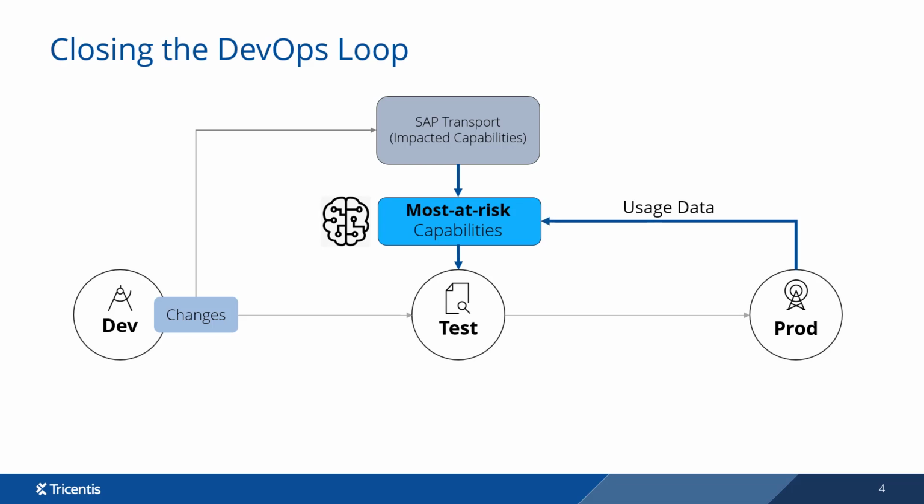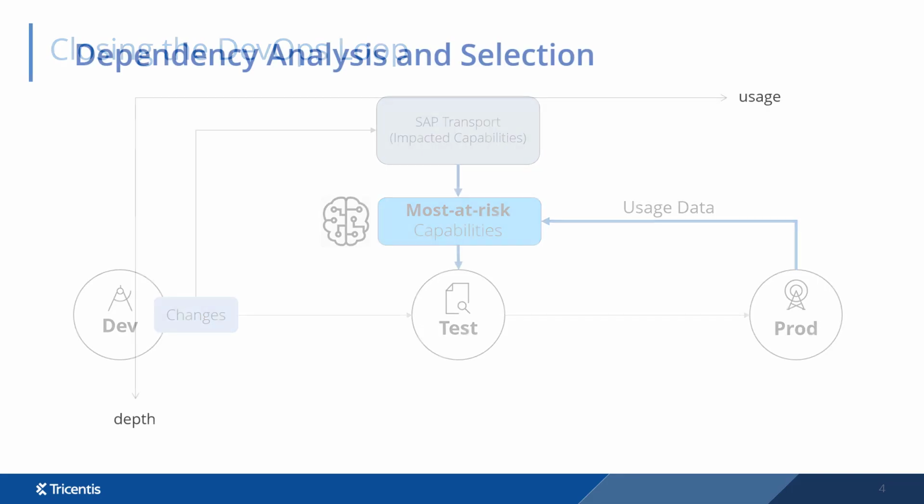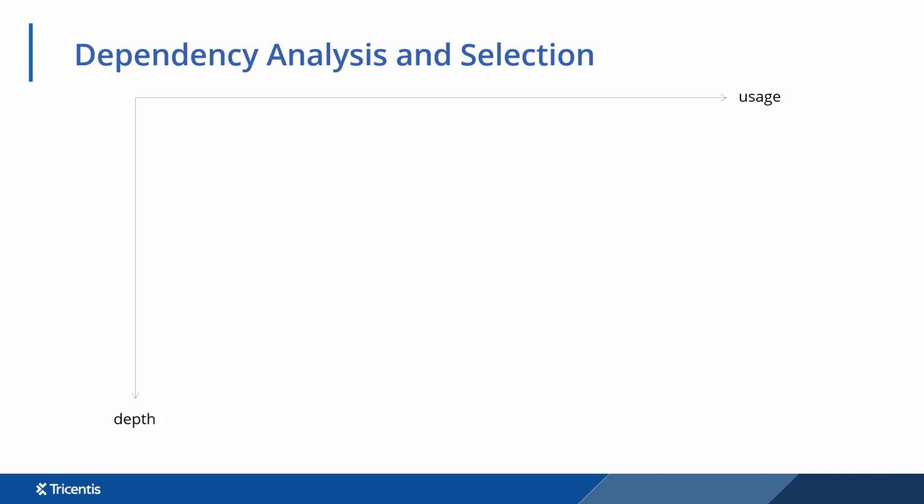We'll also include your usage data because we know that's important when we start thinking about upgrades from SAP, support packs. We want to make sure that all of the changes that we're analyzing apply to the customer's particular SAP landscape. So how do we do that?